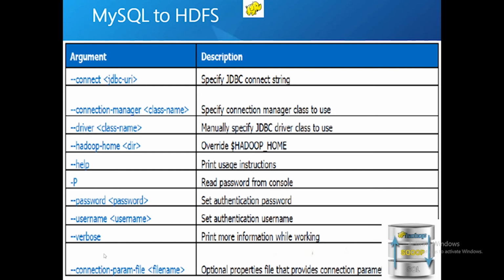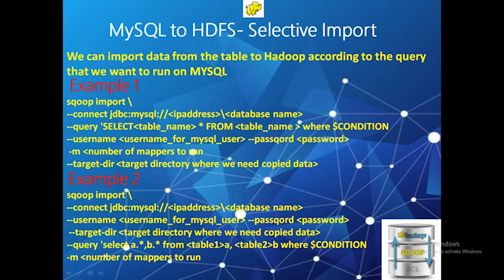So in this slide we will talk about selective import in Sqoop. We can import data from the table to Hadoop according to the query that we want to run on MySQL. After --connect you can use --query, select star from table name where you can put a condition, and then you can set the username and password.